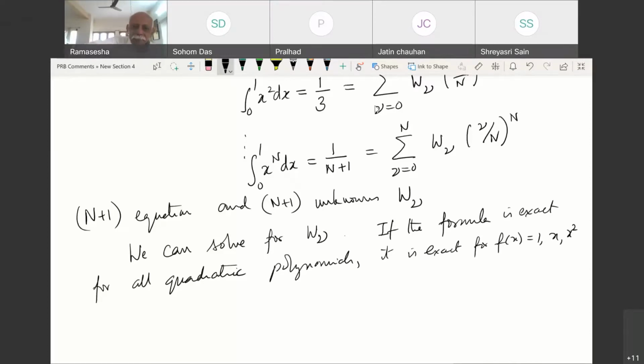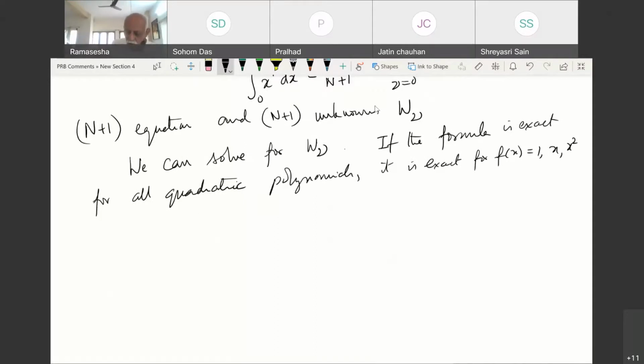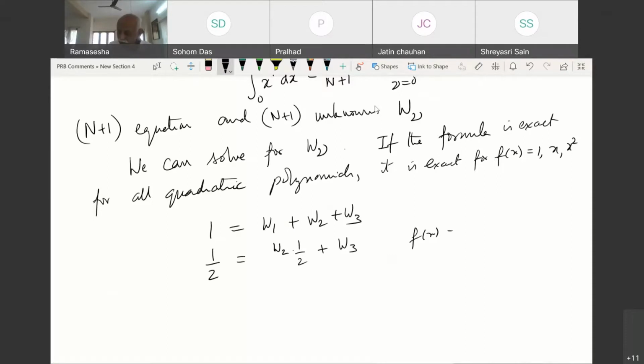So I get 1 is equal to W1 plus W2 plus W3.